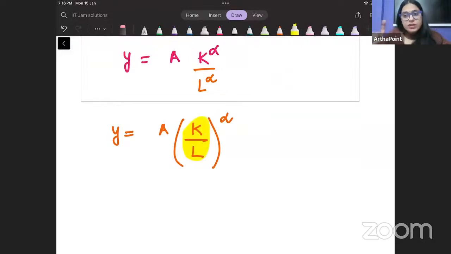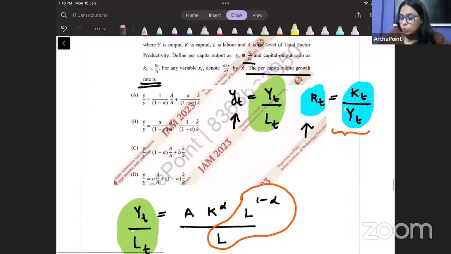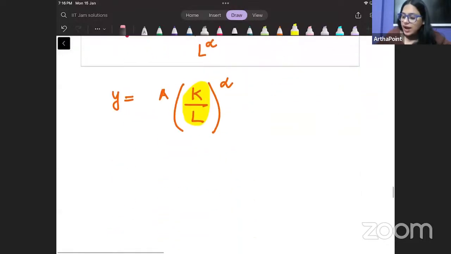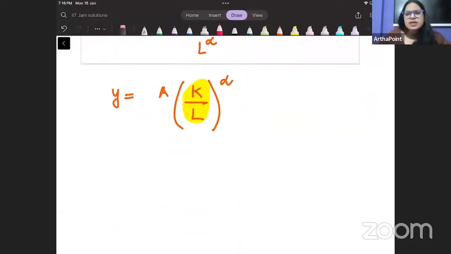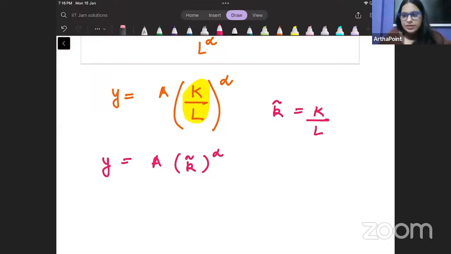In the Solow model, we used to write this as small k. यहाँ नहीं लिखना है because small k is defined as the capital output ratio. So I am going to define this as some other k. इसको हम बस k curl करके to the power alpha कर देते हैं. Where this k curl is K by L. अभी के लिए just to simplify things.